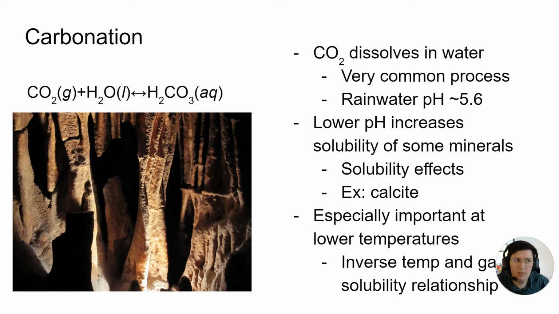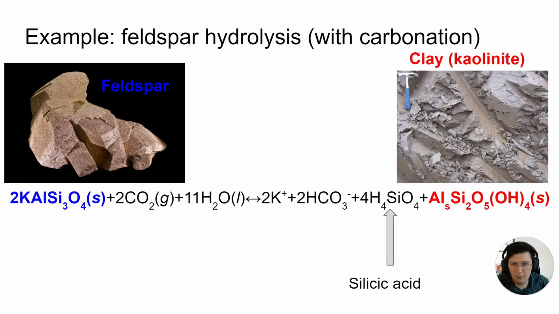Like I said before, carbonation and hydrolysis are often in the mix together. If we go back to that feldspar example that I gave you in my hydrolysis slide, this is that same reaction with carbonation. In blue is the potassium feldspar, and if you add CO2 and liquid water to that, you're going to get a potassium ion, bicarbonate ions, silicic acid, and the red here is chlorite clay.